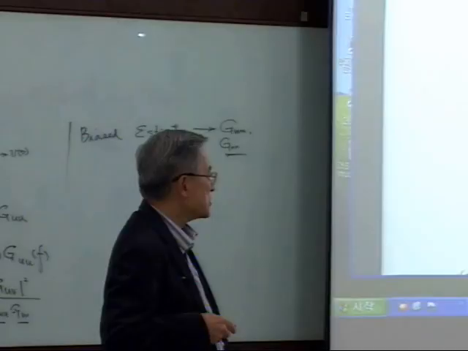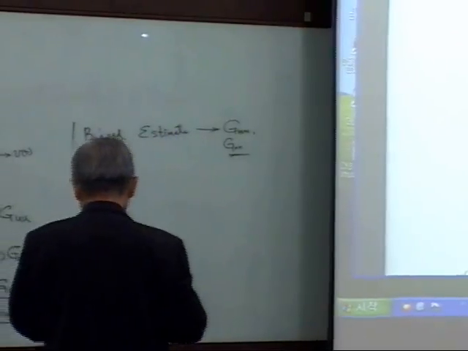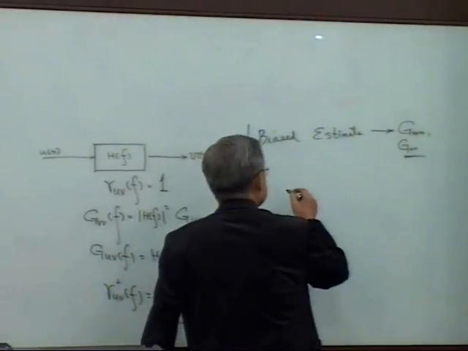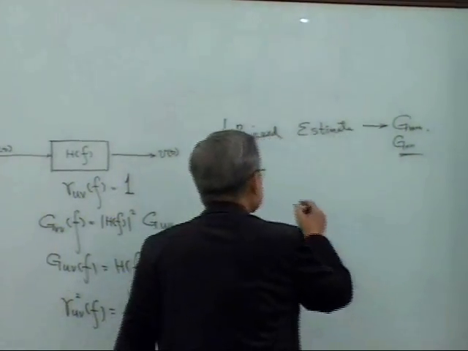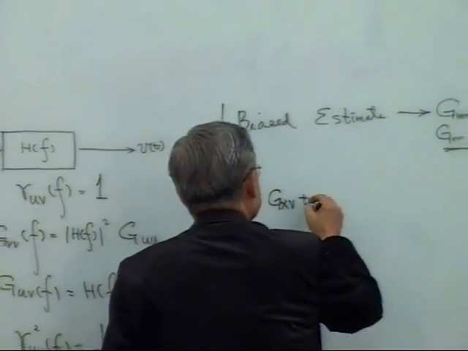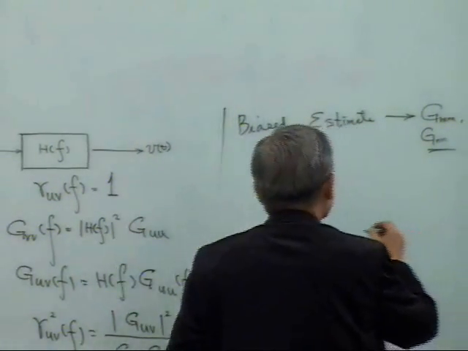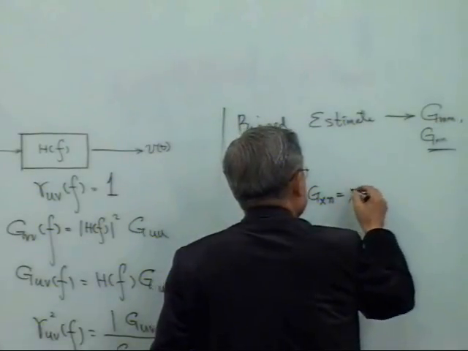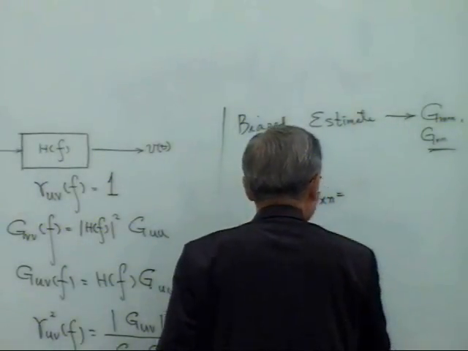In other words, GXV plus GXN is equal to GXY.